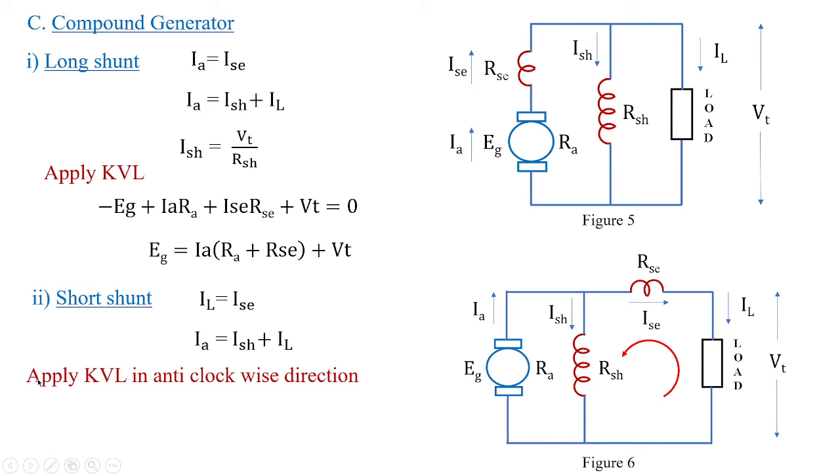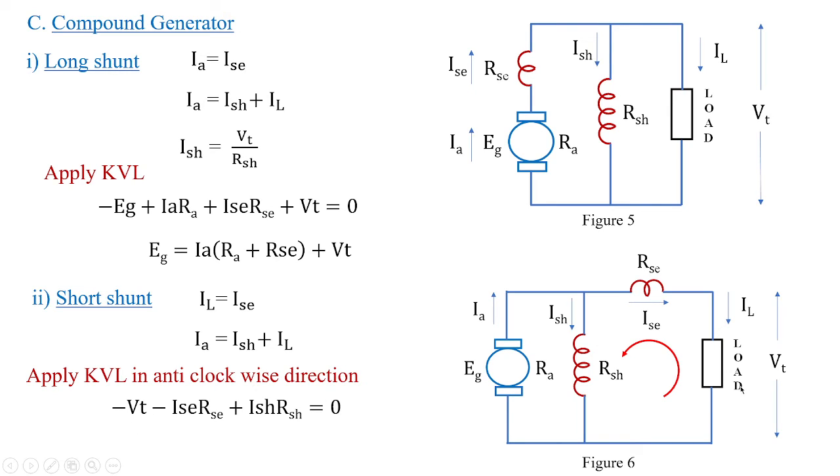Fine. Now I'm applying KVL in the anti-clockwise direction. You can see the direction of the loop we are taking is anti-clockwise. With this, I'll have minus VT, and ISC direction is in this direction, so the drop developed across this would be minus ISC RSC.